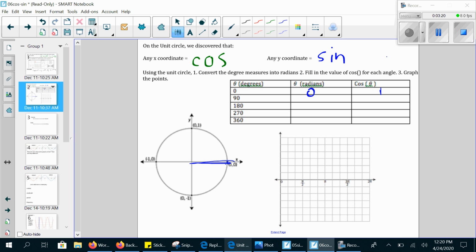So then if we start to look at the angle 90 degrees, which is right here, remember, what is that in radians? Pi over 2.